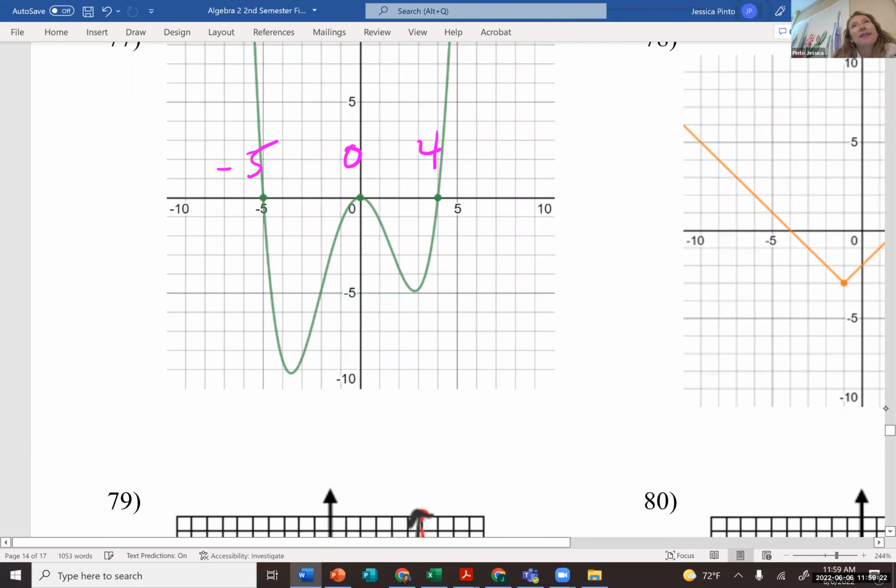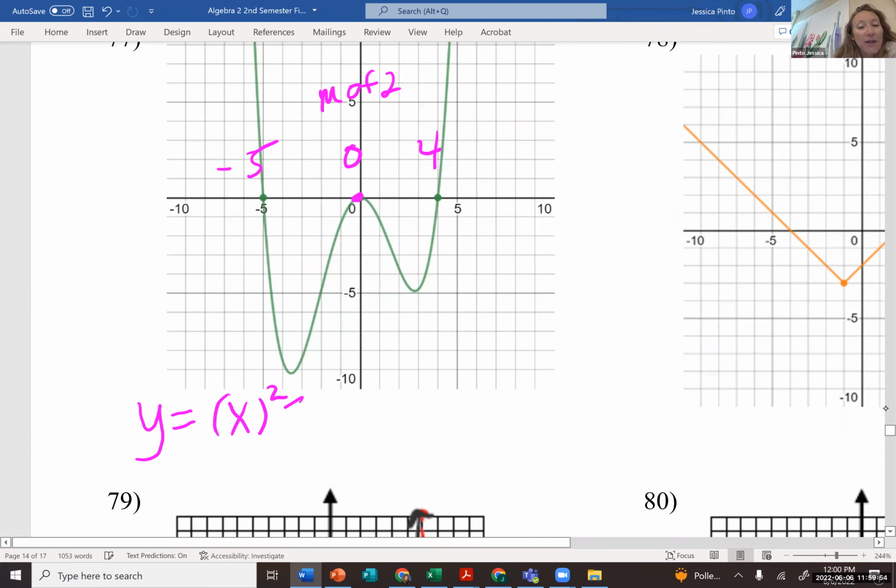So is there a bounce going on here? Yes, there is. There's a bounce happening right here at the origin. And that comes from a multiplicity of 2, which just means that there's an exponent of 2 on that x-intercept. So I'm going to write y equals x squared for the 0.